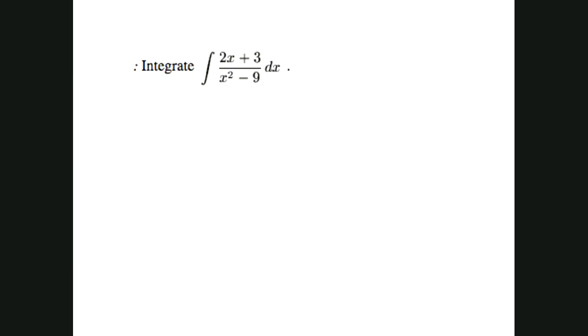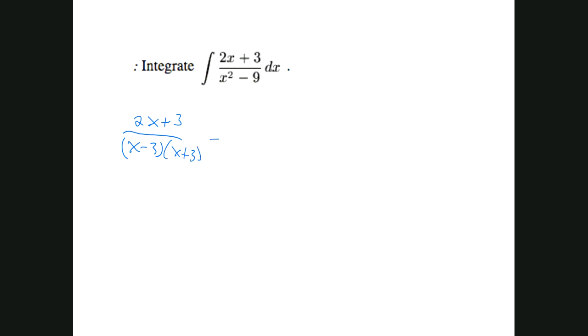Last week we were talking about taking integrals, and about separating them, so separation of variables here. If I was going to work on this problem, the first thing I'm going to do is rewrite this as 2x plus 3 over x minus 3, x plus 3.